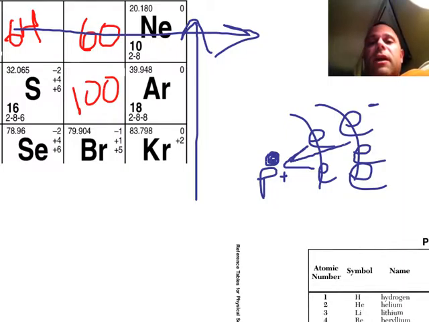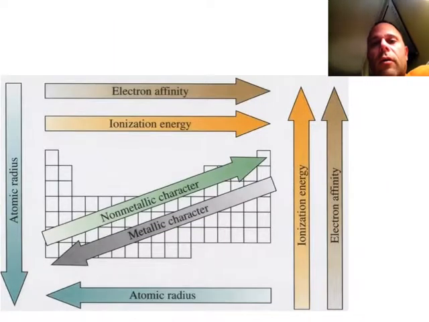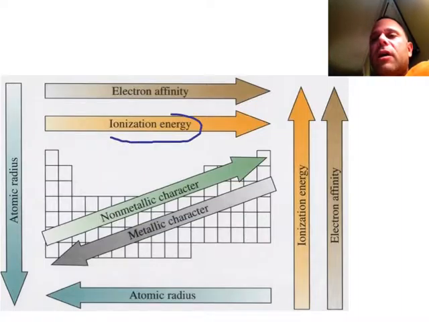Now, let's see if we built those trends. We'll take a look at a picture on the next slide that is very popular on Google Images to see if by just exploring these three elements, we now do not have to memorize the trends. So now let's see if we were correct. Going across the top, we have ionization energy.